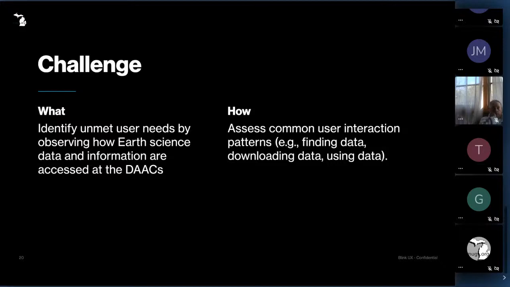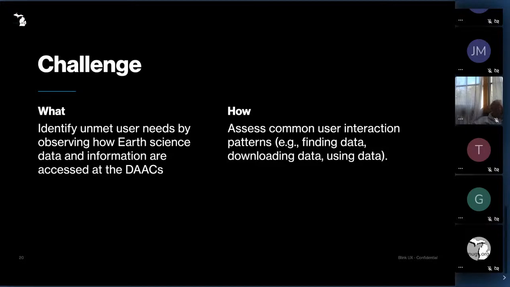We think there's a gap there, that if we can reduce that time, we can then increase the volume of science being done, and end up increasing the amount, the quality, and the number of insights that scientists are developing about our Earth and how it's changing.